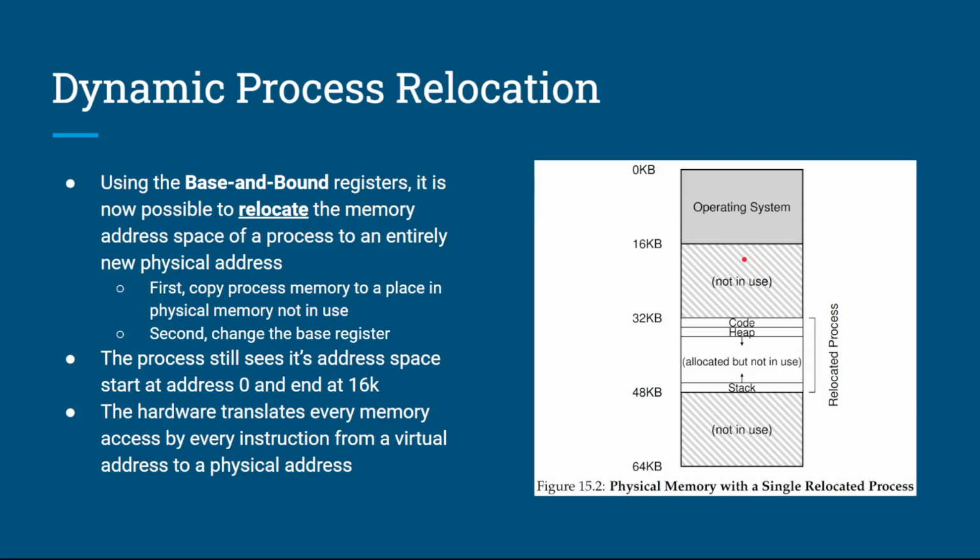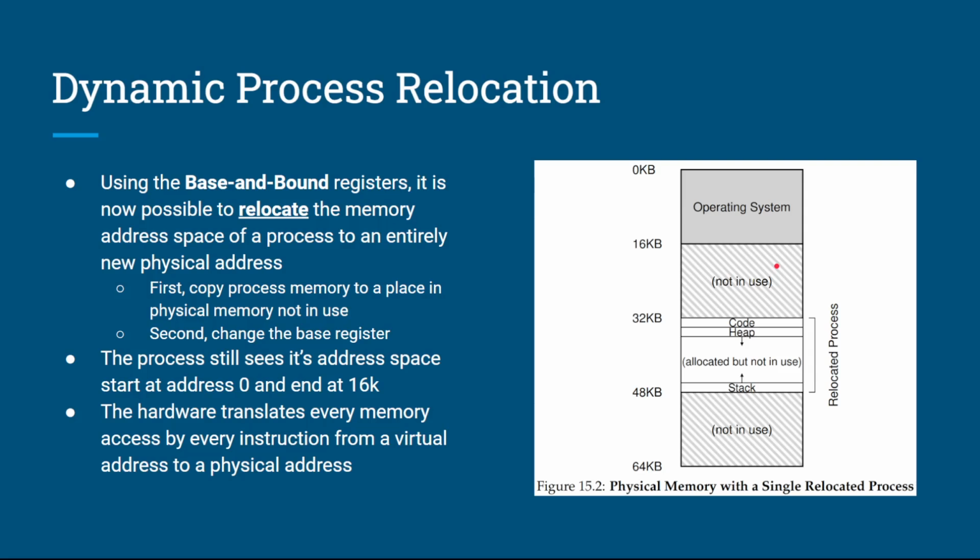If we copied all of this and then just changed the base register to 16K, the process will still see its address space starting at 0 and ending at 16K, and the hardware will make sure the proper addresses are translated. We now have the ability to dynamically relocate processes in physical memory.